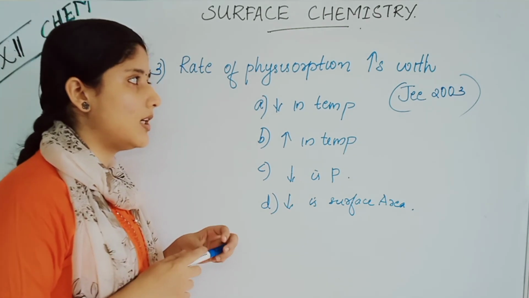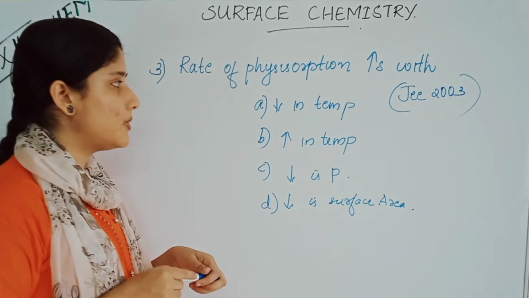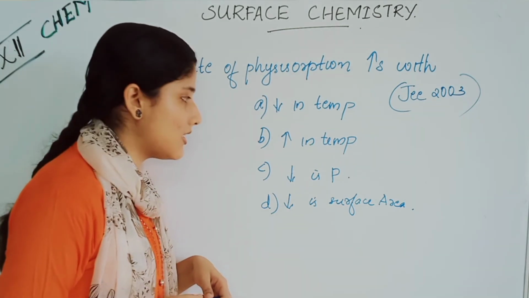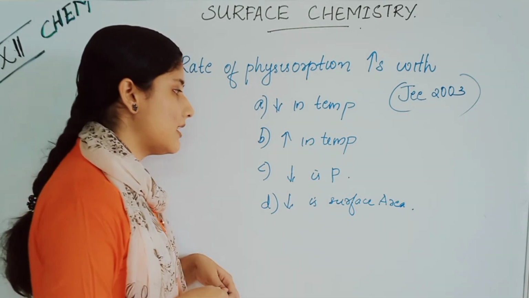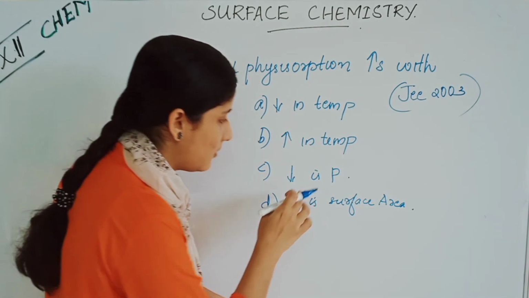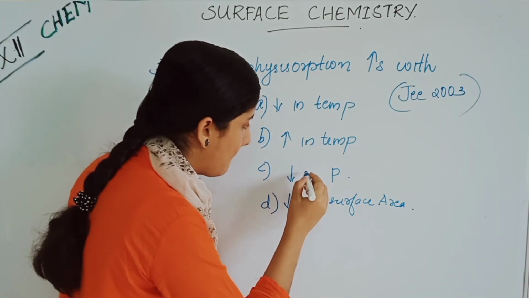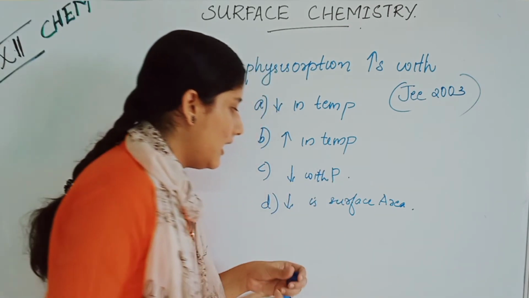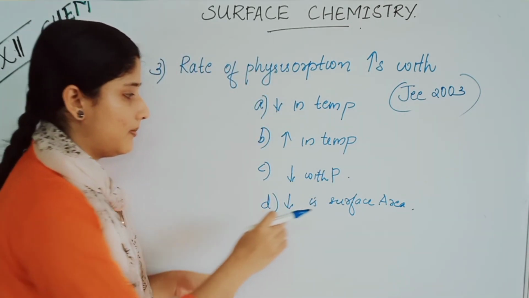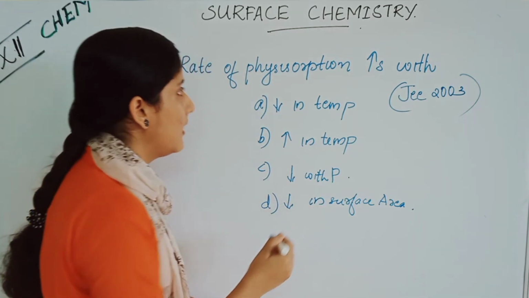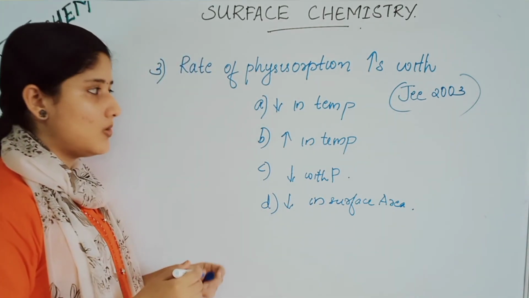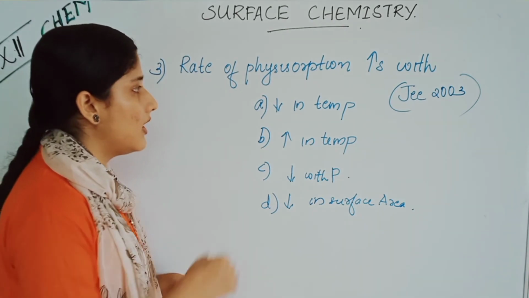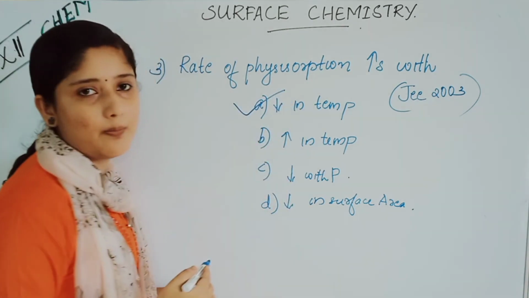Rate of adsorption increases with: option A, decrease in temperature; option B, increase in temperature; option C, decrease in pressure; and option D, decrease in surface area. We know that the answer is that it increases with decrease in temperature.